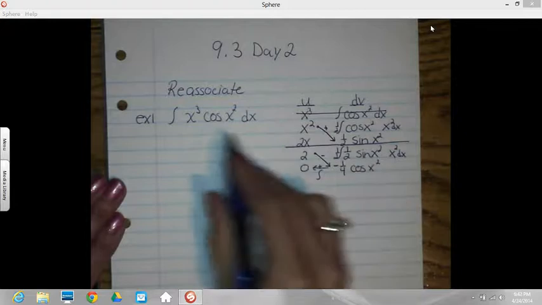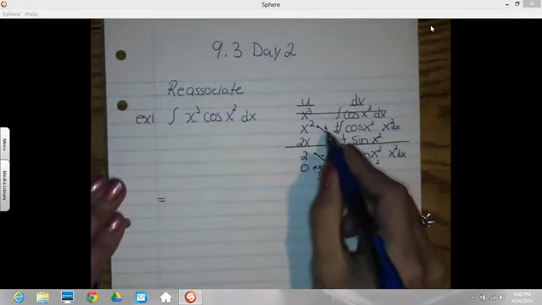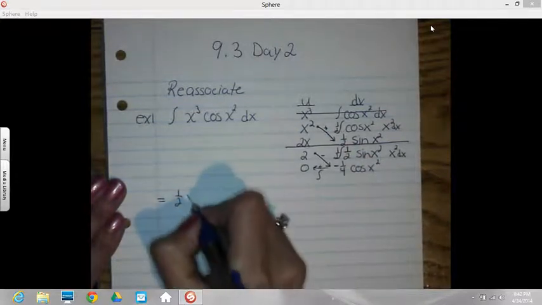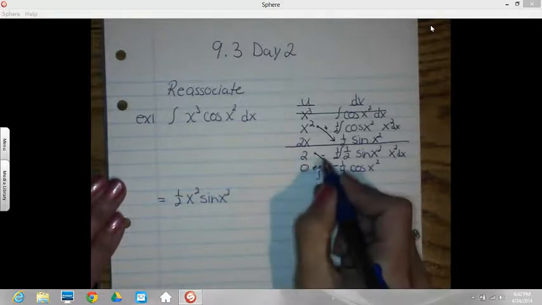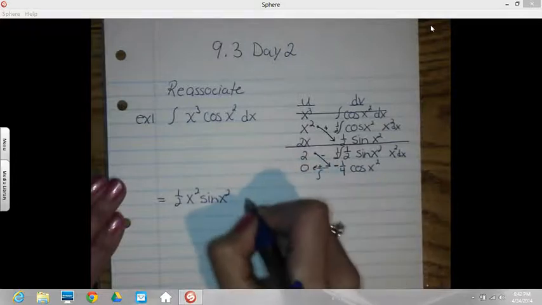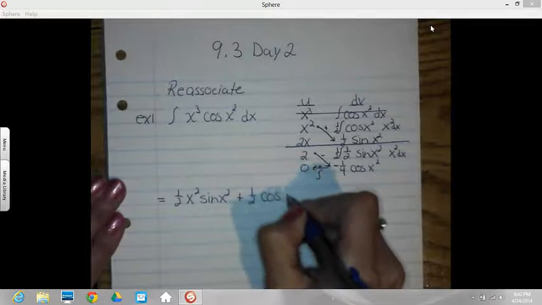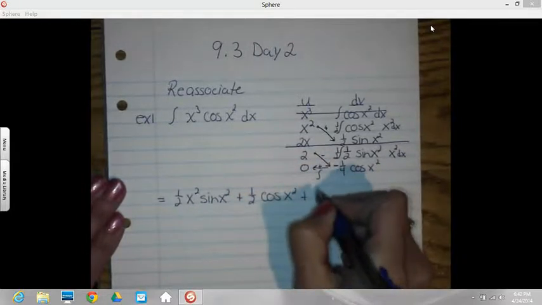So my integral will be positive 1/2 x squared sine x squared. This will be a negative times a negative 1/4 times a 2. That'll be a positive 1/2 cosine x squared. Integral of 0 is 0 plus c.